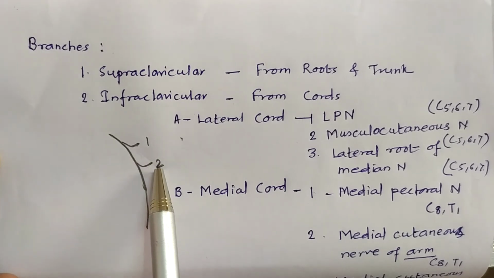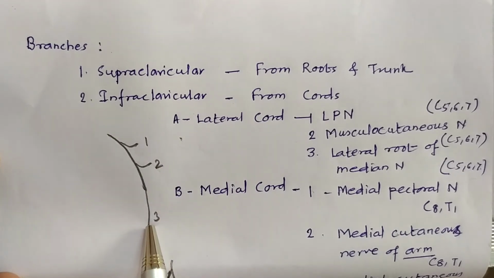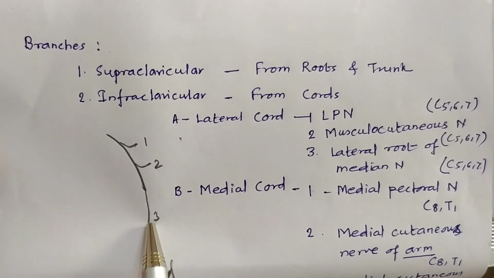The second branch is musculocutaneous nerve, as it supplies muscles as well as skin, it is called musculocutaneous nerve. It supplies the three muscles in the front of arm. And the third branch is lateral root of median nerve. It joins with medial root to form the median nerve. So lateral cord gives three branches.